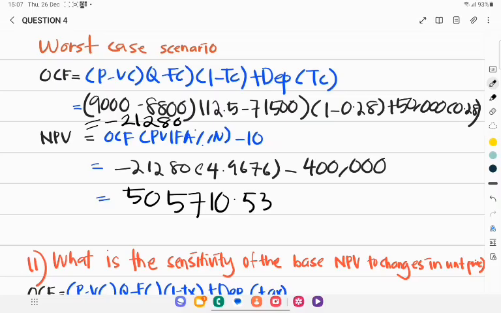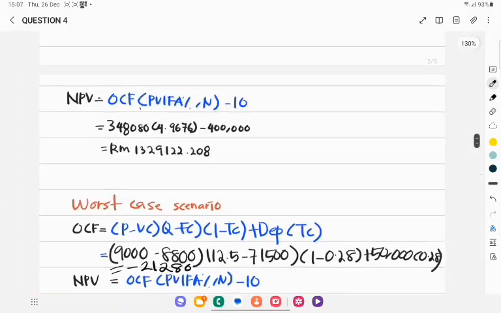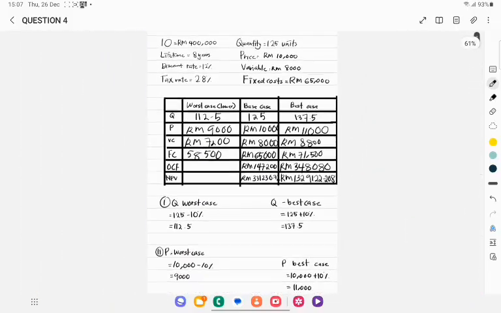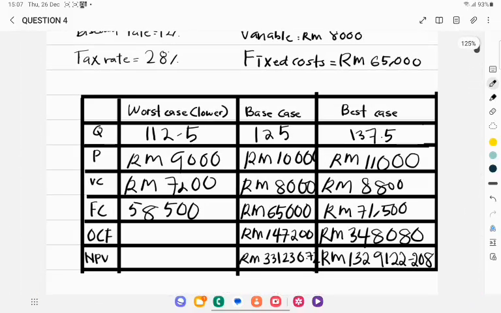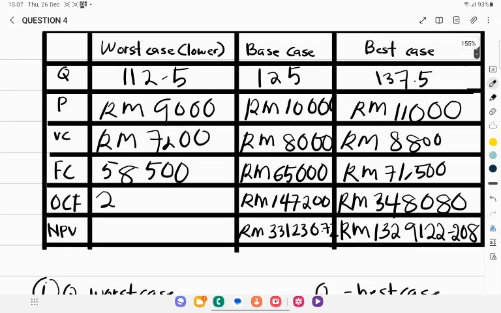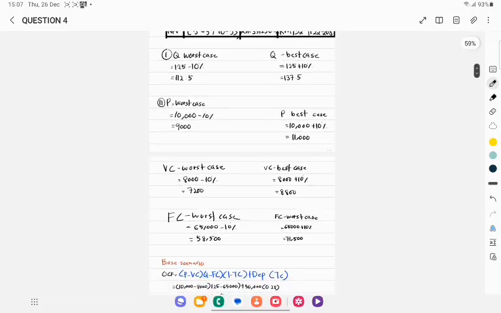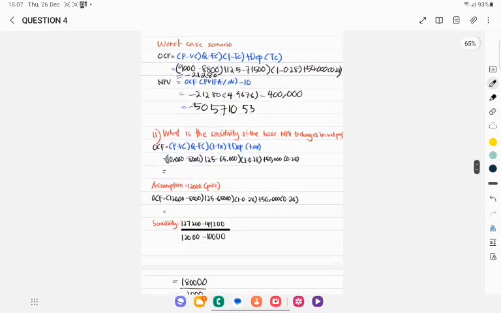This is negative. So we need to fill in that table with the answer: minus 21,280 and minus 205,710.53. Okay, complete for question 1.